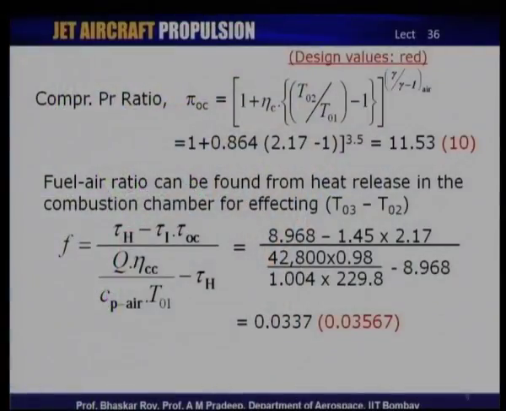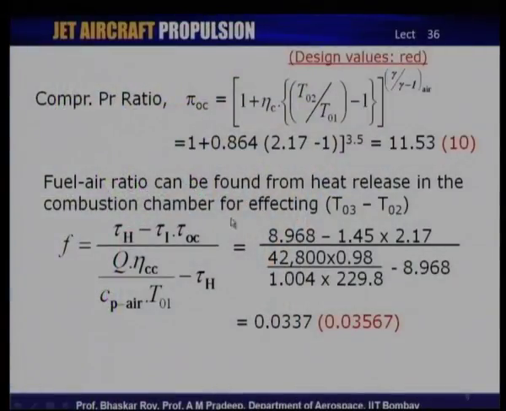At the design point, because of the very high Mach number, the inlet temperature was a little on the higher side, and of course, the compression ratio was lower. Here the inlet temperature is on the lower side, and we are in the process getting a higher compression ratio across the compressor. So, we have an off design point where pressure ratio is higher than the design point pressure ratio. Now, let us look at what happens to the other parameters.